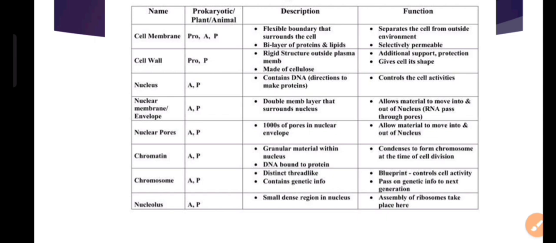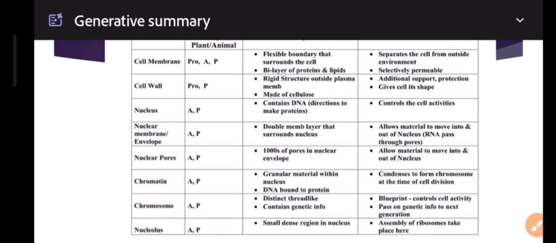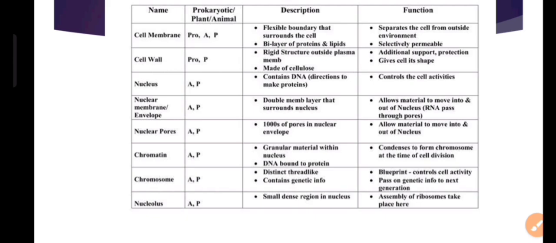And then the nucleolus is a small dense region in the nucleus. It is the assembly place of ribosomes. It controls the activity of the nucleus. Understand? This is all about the function of the different cell organelles.